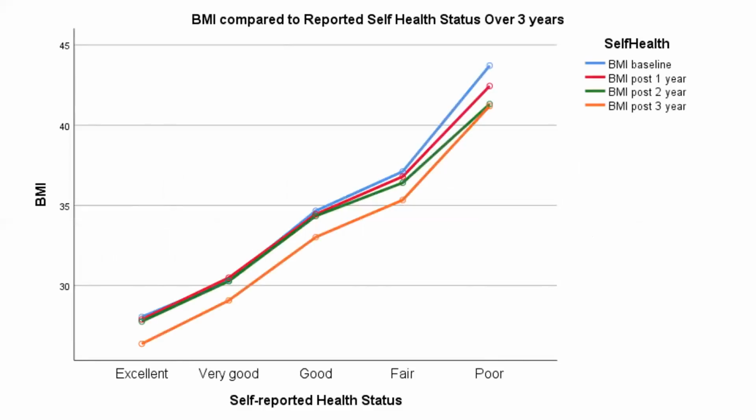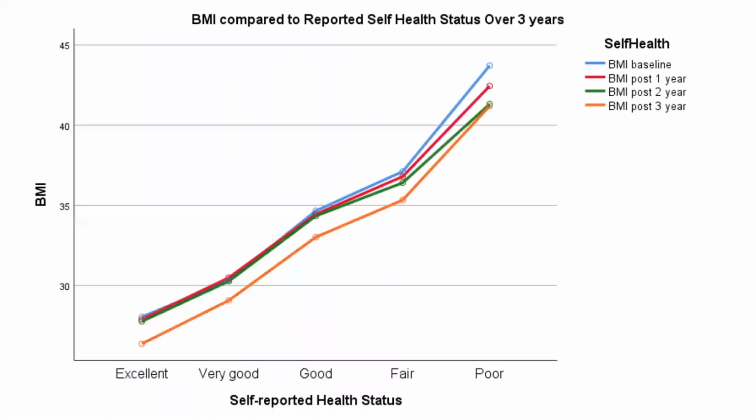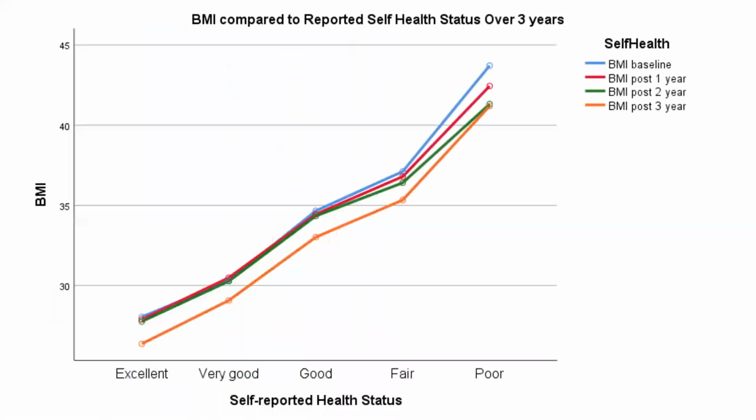The reason that poor is not represented as much is that poor only has 3 participants from baseline all the way to 3 years, and it's not even represented at 3 years. So even though on this graph poor looks astounding, like it should have a big difference, there are only 3 people, so you can't really include those results because there's not enough statistical effect to show that.